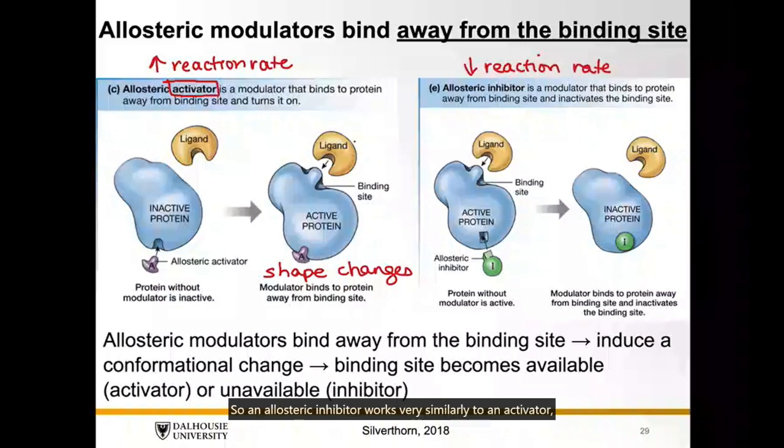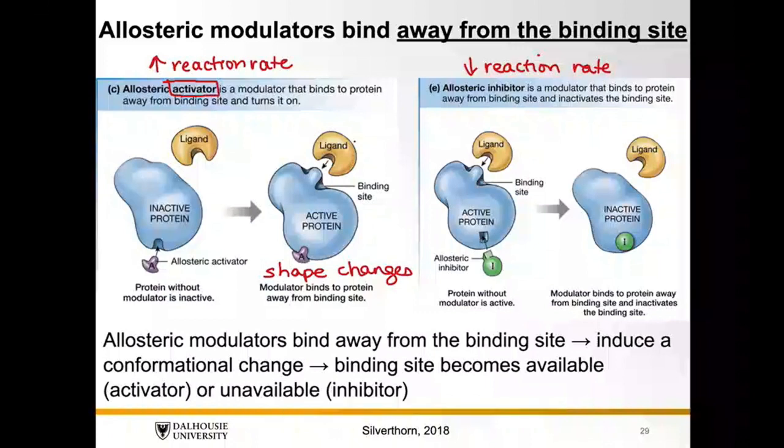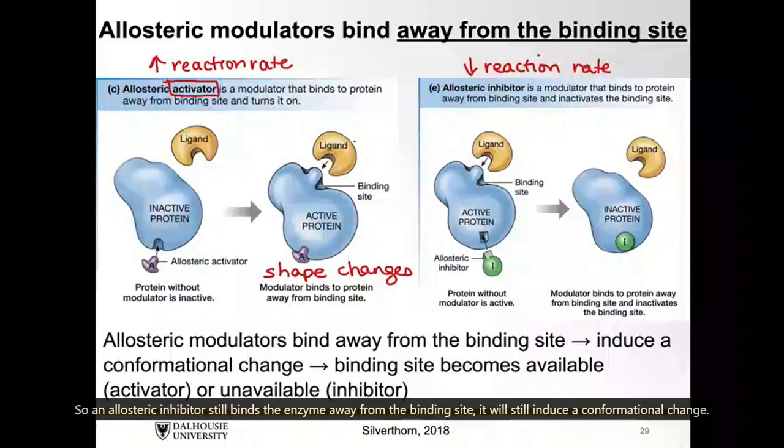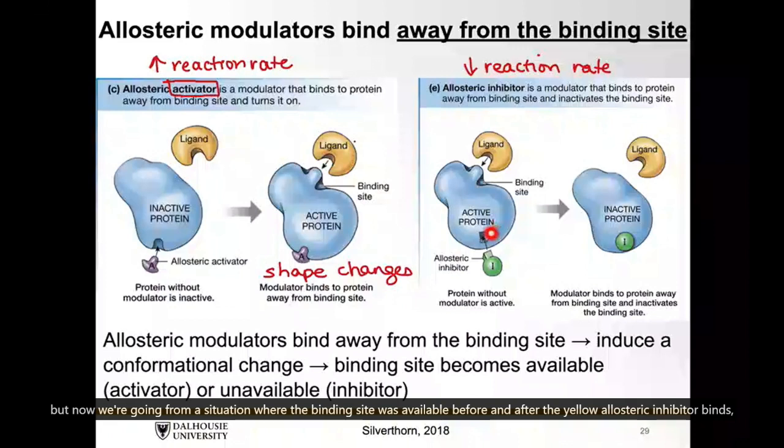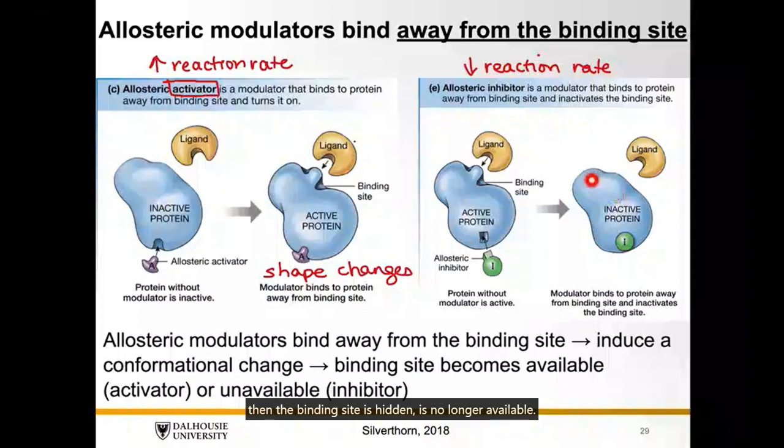So an allosteric inhibitor works very similarly to an activator, but the result is the opposite. So an allosteric inhibitor still binds the enzyme away from the binding site. It will still induce a conformational change. That means that the enzyme will still change its shape, but now we're going from a situation where the binding site was available before, and after the allosteric inhibitor binds, then the binding site is hidden, is no longer available.